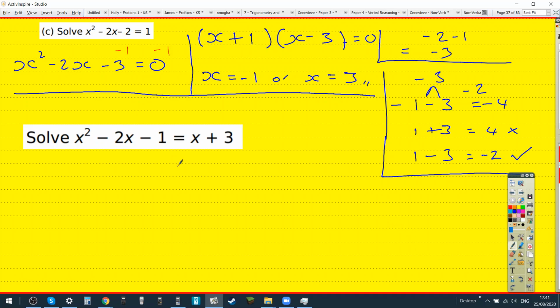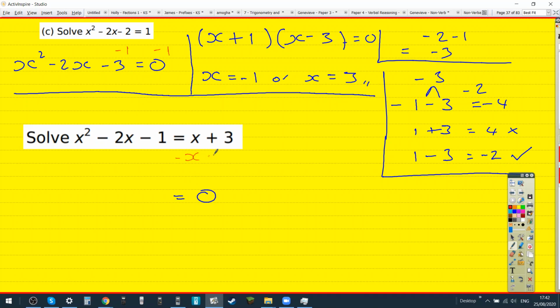I did not understand. So what would you have to do to make it equal to 0? To make it equal to 0, do you divide it by x plus 3?